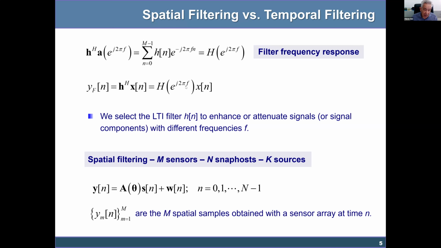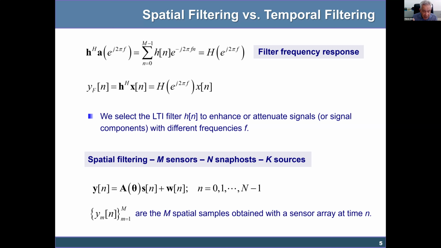So we can design the frequency response in a way that it attenuates the frequency components where the signal of interest is weak, and it enhances the frequency components where the signal of interest is strong. So basically, we design the filter based on what we know about the frequency content of the signal of interest and the noise.